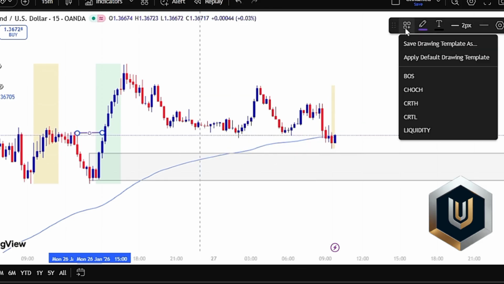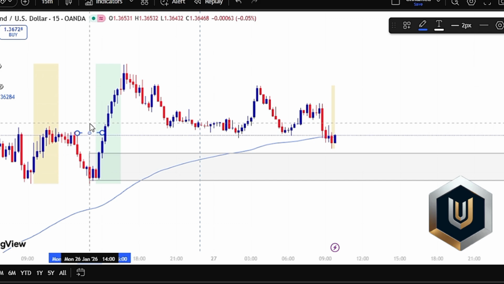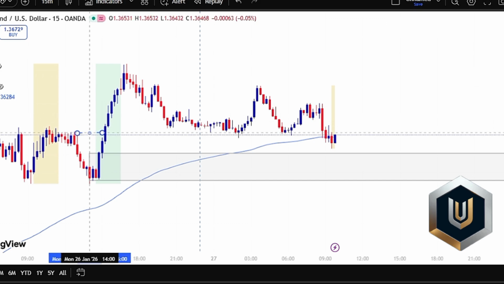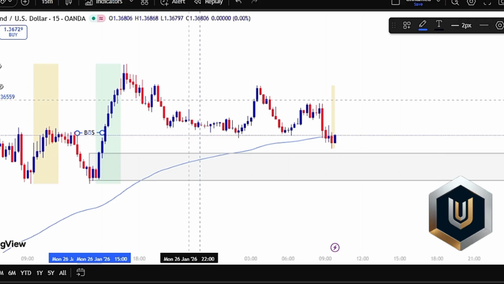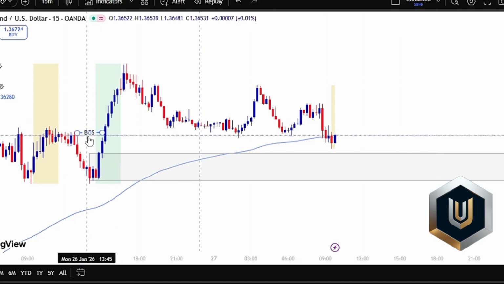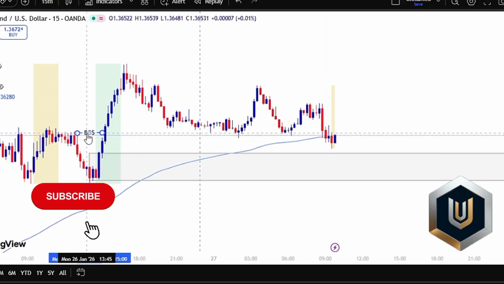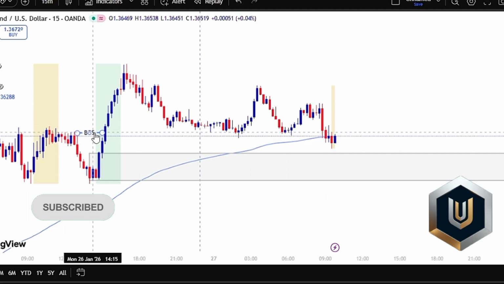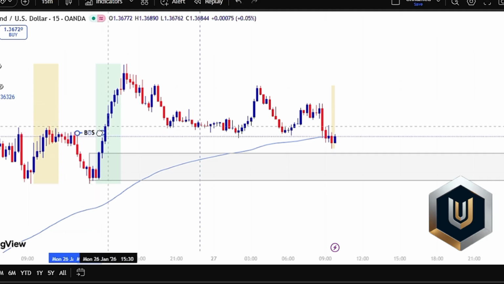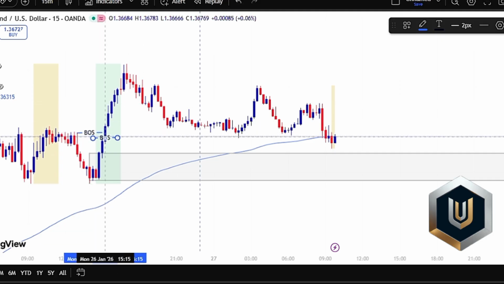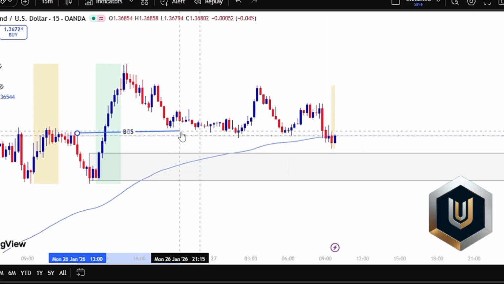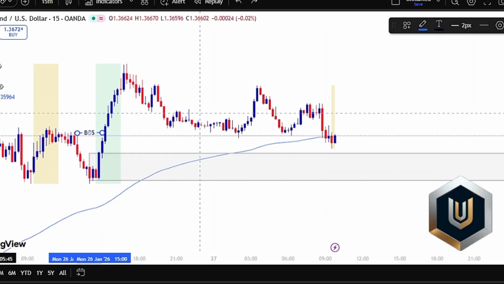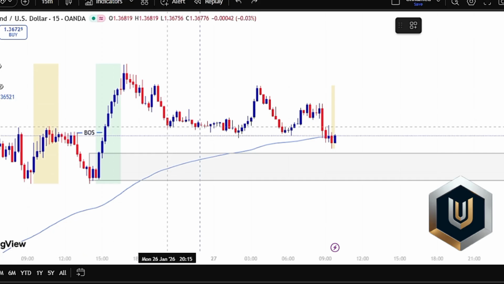Now if you watch, we also have different liquidity zones on this particular chart. All of these are liquidity together now. So you can see these are liquidity zones, and the liquidity zone is crystal clear.